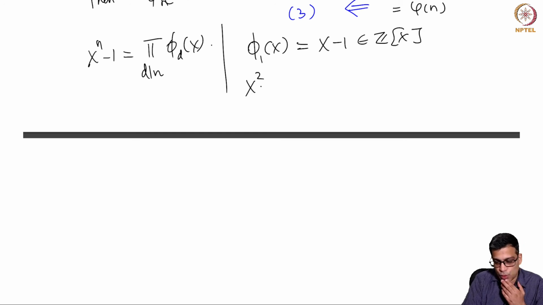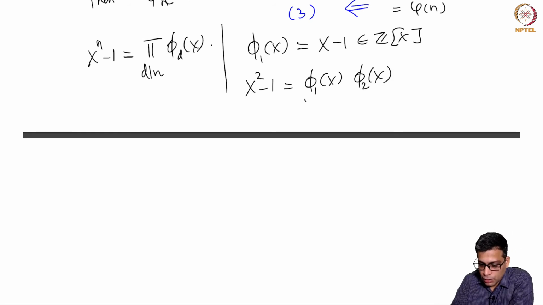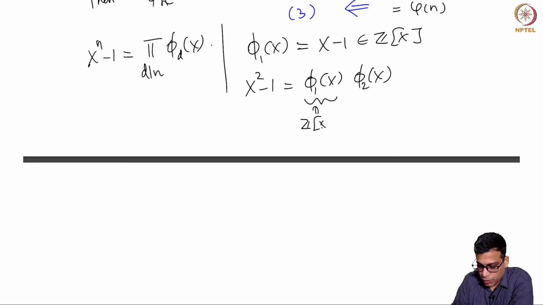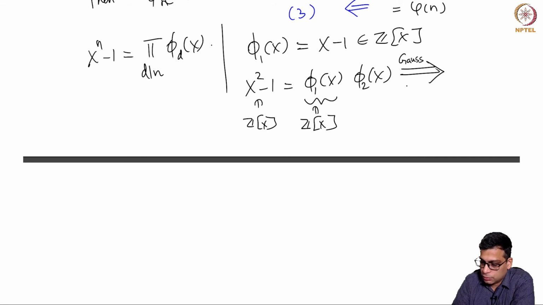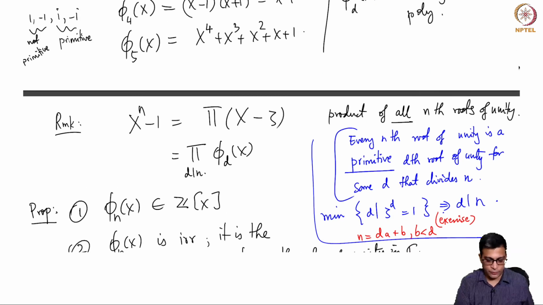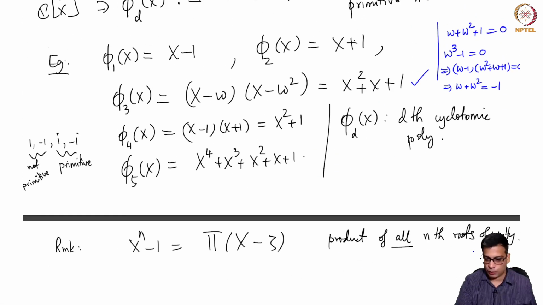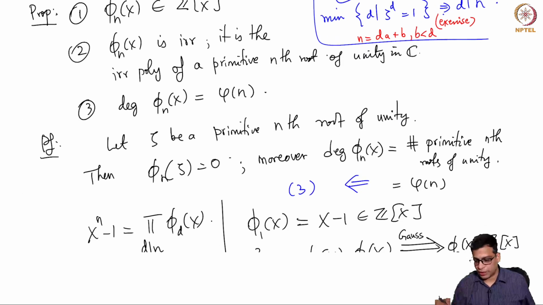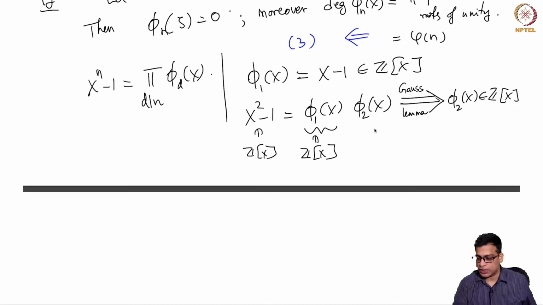But what is x squared minus 1? This is phi 1 times phi 2, right? This is a monic integer polynomial, and phi 1 is of course a monic integer polynomial. So by Gauss's lemma, phi 2 x is an integer polynomial. Of course I already know that phi 2 x is an integer polynomial, but I am trying to set up an inductive argument here.